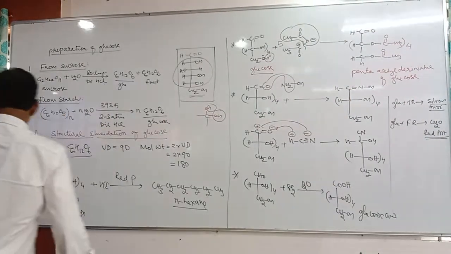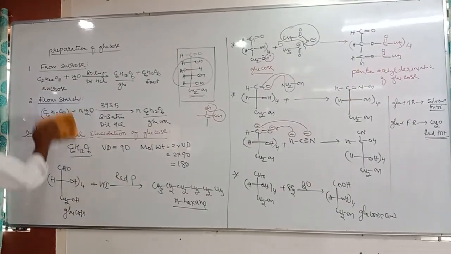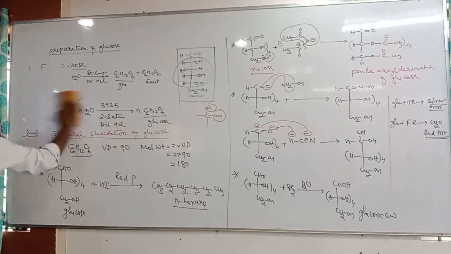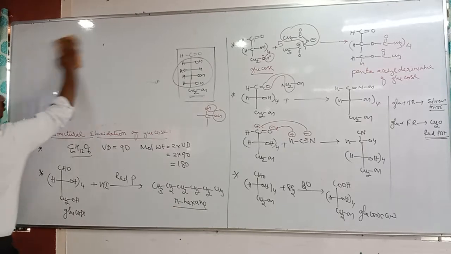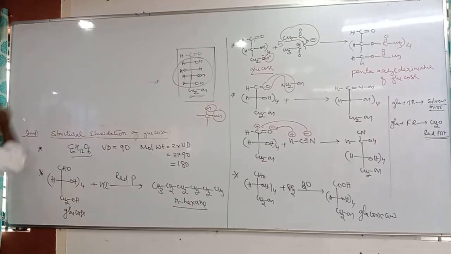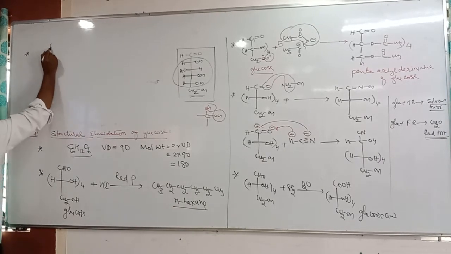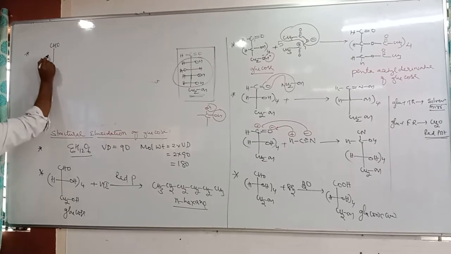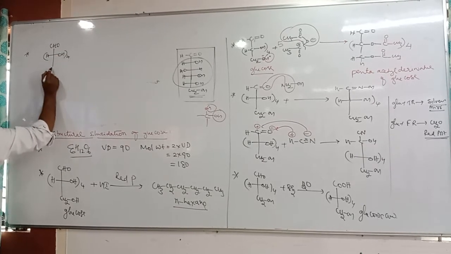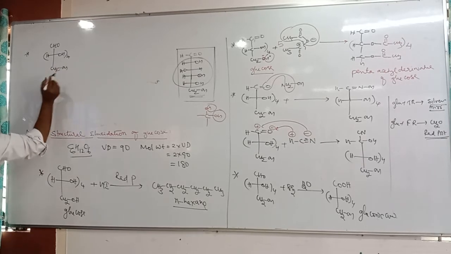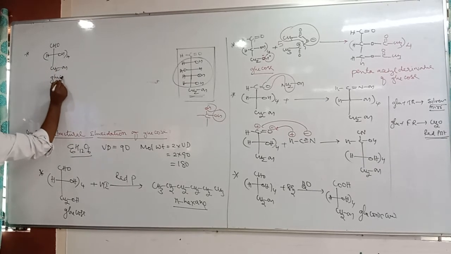Next is the reaction of glucose with concentrated nitric acid. Concentrated nitric acid is a strong oxidizing agent. Okay, this is glucose.